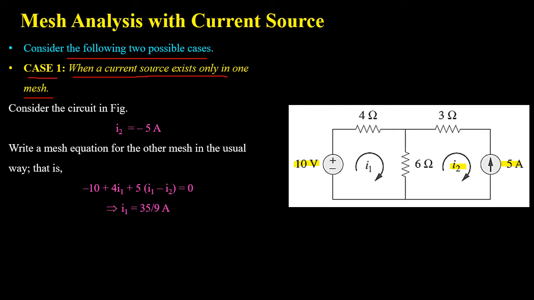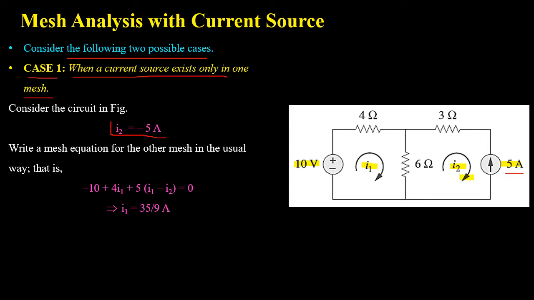Now we will assign mesh currents. Small I1 will be the mesh 1 current, and small I2 will be the mesh 2 current. In mesh 2 we have a 5 ampere current source, so mesh current I2 will be equal to minus 5 ampere because the direction of I2 is opposite to the current of the independent current source.